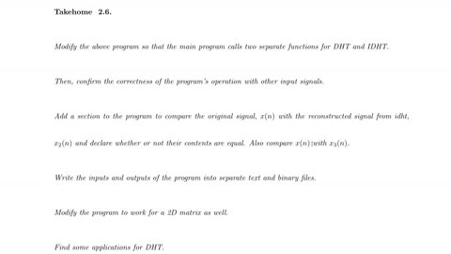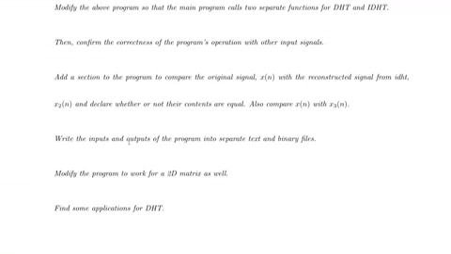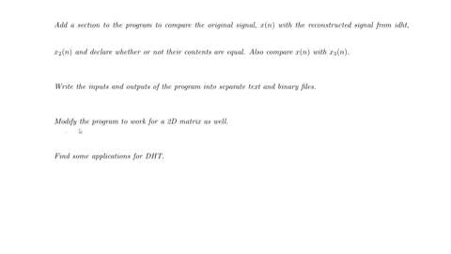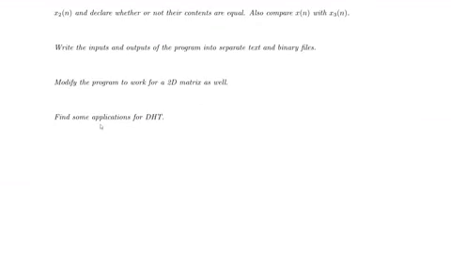Also compare x of n with x3 of n. Write the inputs and outputs of the program into separate text and binary files. Modify the program to work for a two-dimensional matrix as well. Okay? One dimension is used in signal processing, 2D in image processing. Find some applications for DHT.